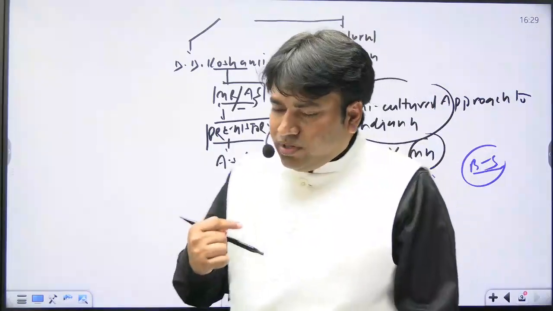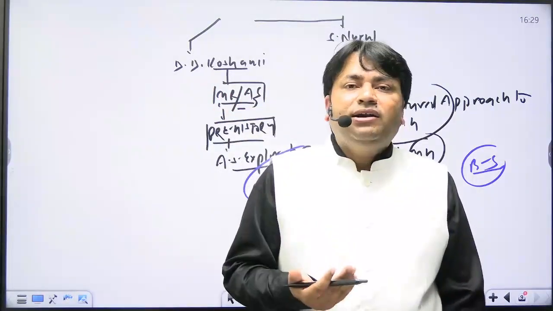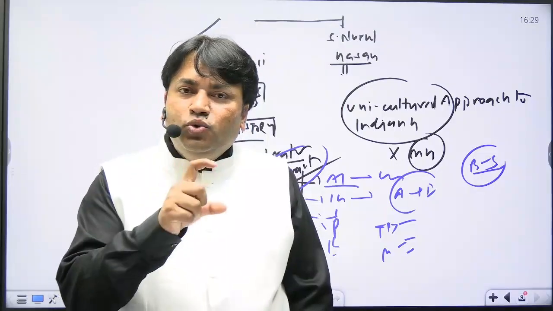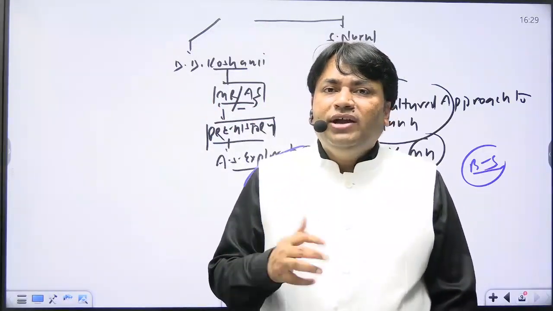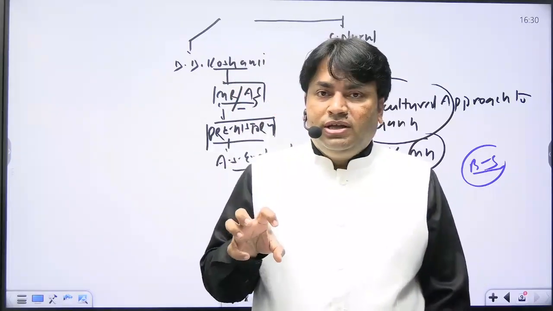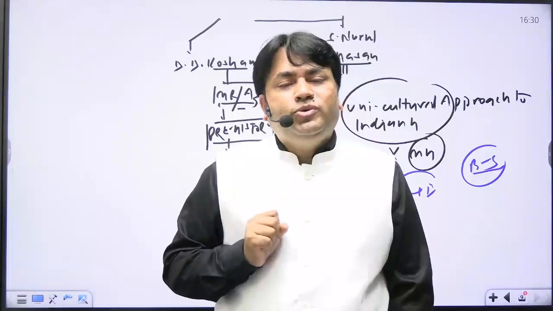So when you see the Marxist historians, they will say that when we talk about Indian culture, it is not a uniculture, the uniculture approach to Indian history, that is Hindu. When you say Hindu age, you are adopting a unique cultural approach to Indian history.